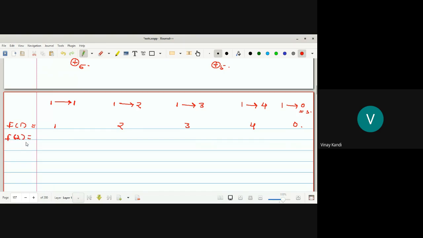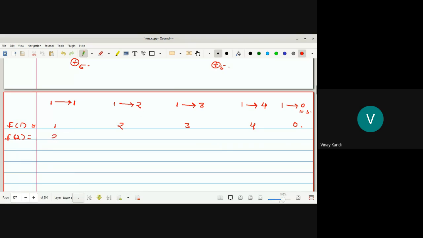Now what is f of 2? Suppose f is a homomorphism. Then f of 2 we can write as f of 1 plus 1, that is f of 1 plus f of 1. f of 1 is 1, so 1 plus 1 is 2. Addition modulo 5 is 2. So f of 2 is 2.